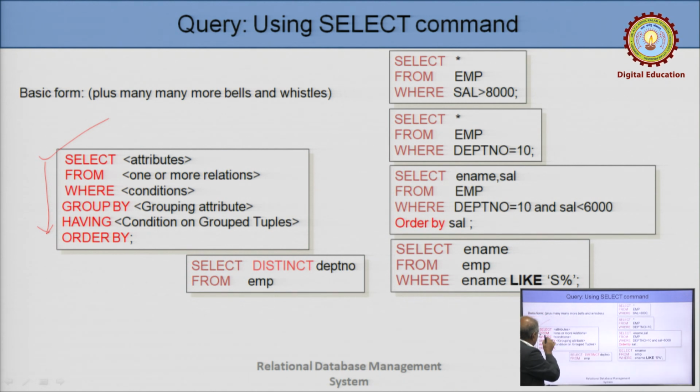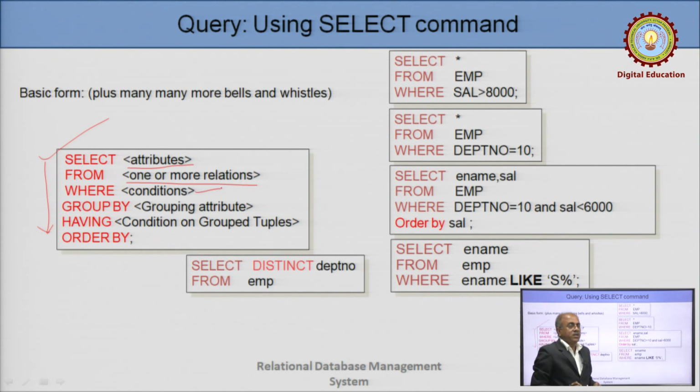Say select, then we specify the attributes we want to select out of one table, or out of more than one table. You can select some values using more than one table also. From name of the table, name of the relation or relations, where you can specify the condition.